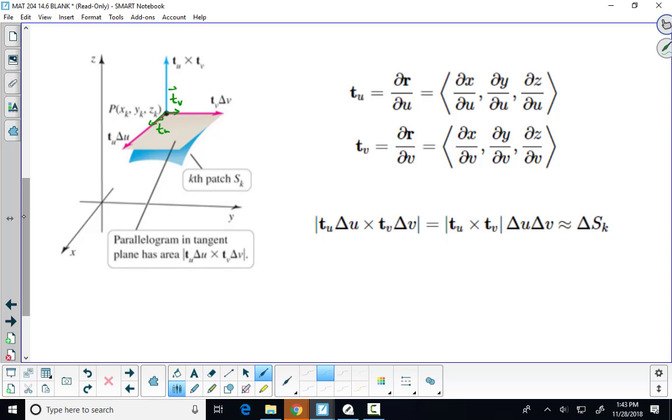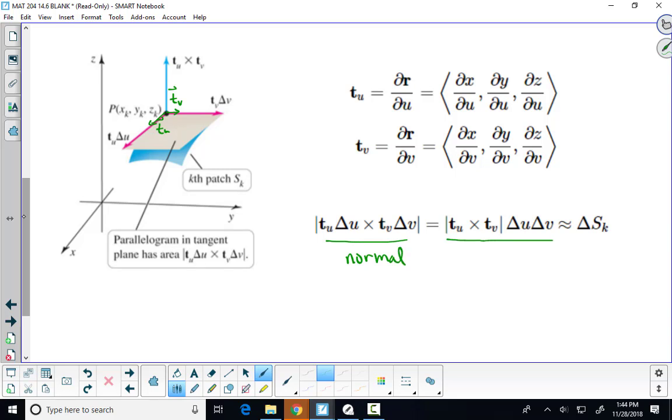We just have two tangent vectors on the surface. If we cross those tangent vectors, we get a normal vector. If we take the length of that normal vector, we get the area of the parallelogram. So we cross t sub u and t sub v, and this is going to be normal to the surface.